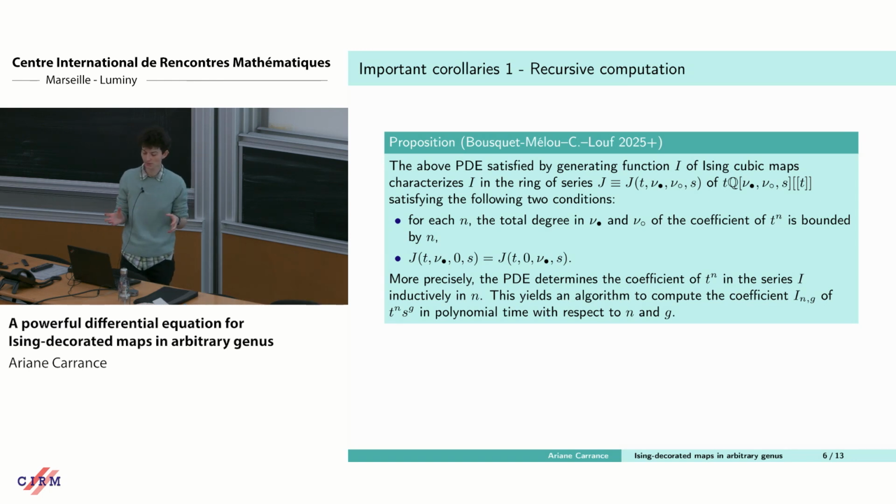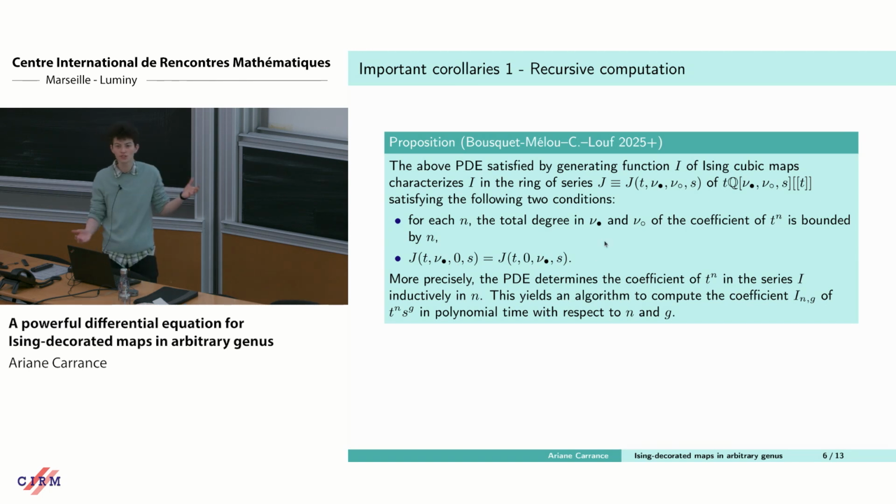And also we assume a weak form of symmetry, which is that in the coefficient of Tn, the coefficient in nu white 0 is the same as the coefficient in nu black 0.